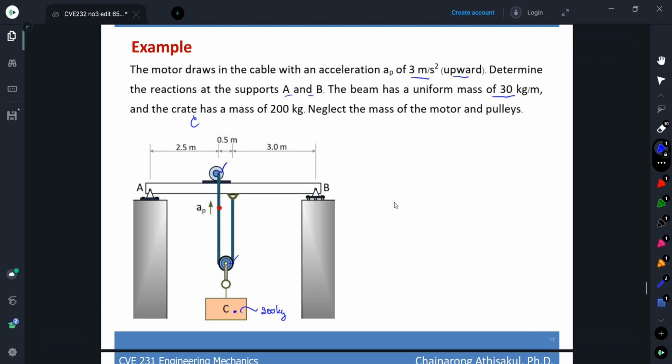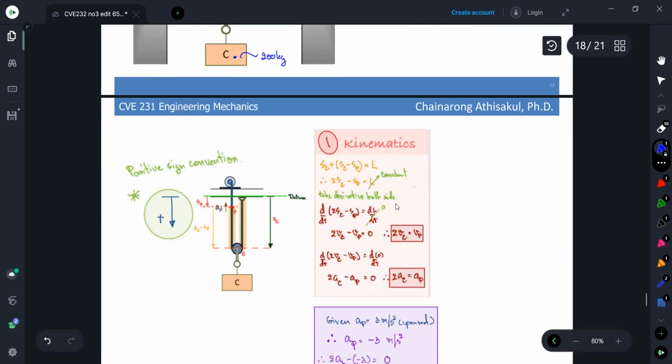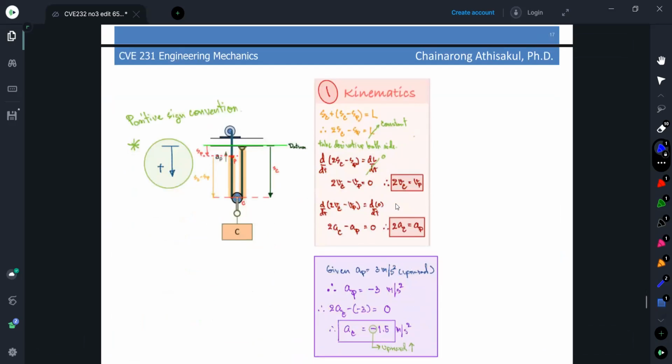For this problem, we start with the kinematics of the pulley system first. As we studied in the absolute motion analysis between two particles, we can determine the kinematics of the crate and the pulley system.